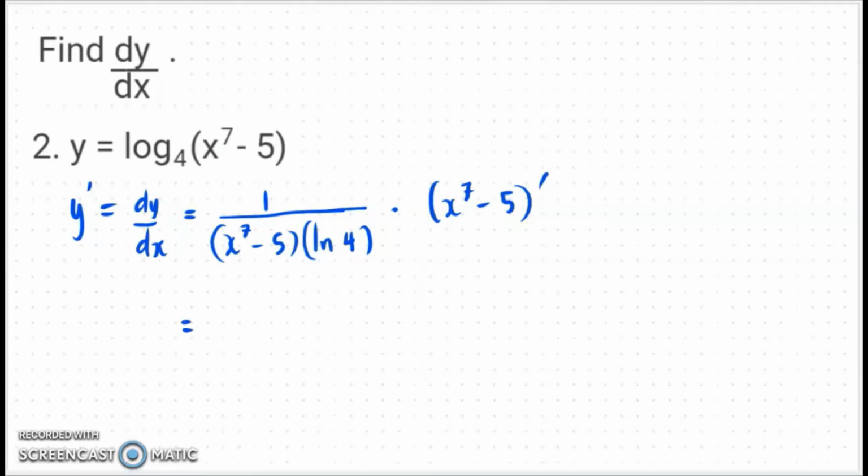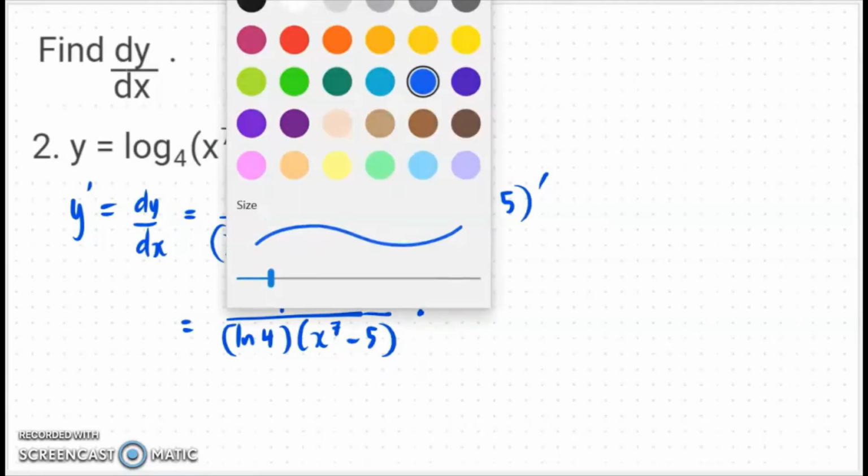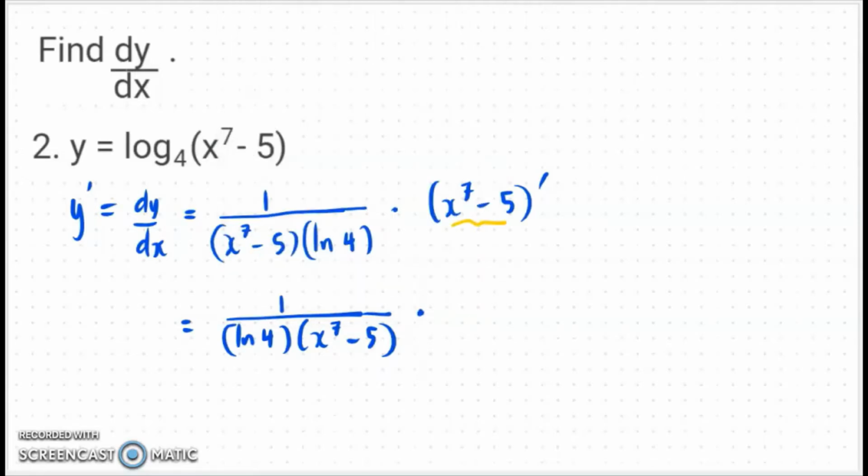So, we have 1 over ln 4. We write the ln first before the x term here. ln 4 times x raised to 7 minus 5 multiplied by, so the derivative of this is just 7x raised to 6, right?